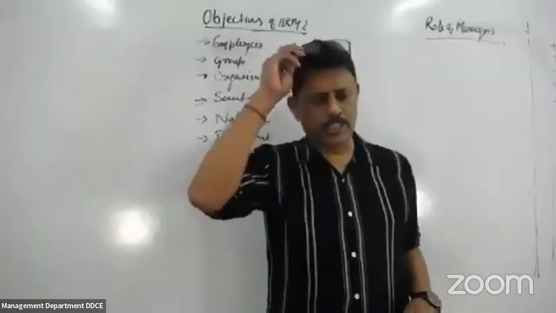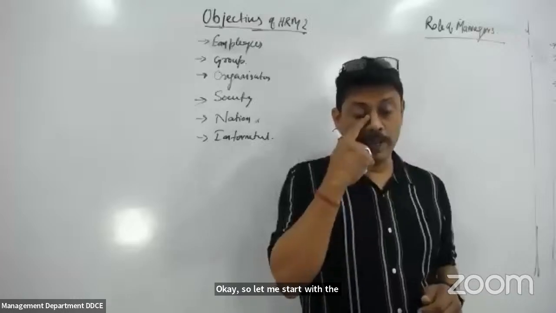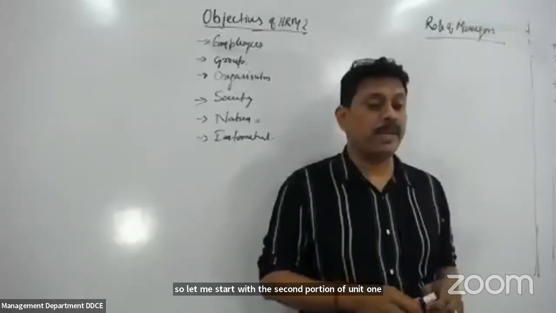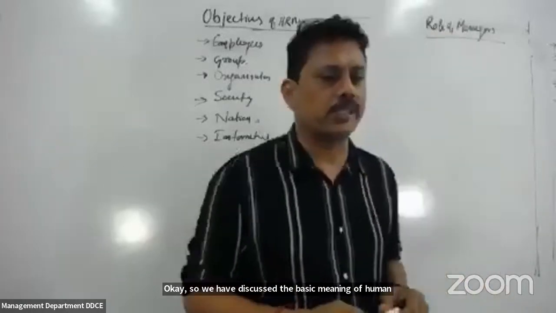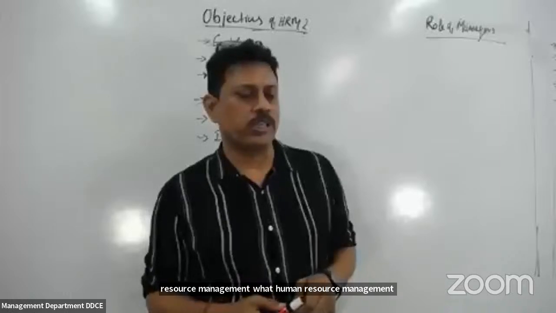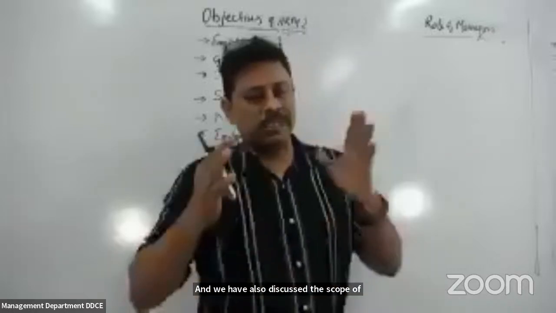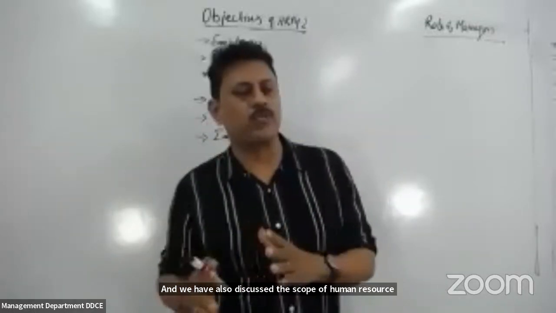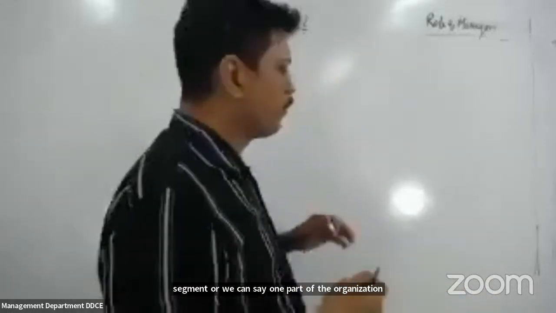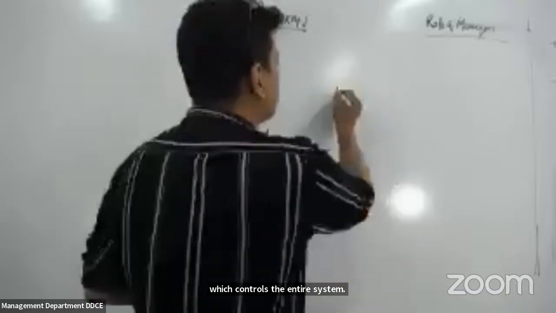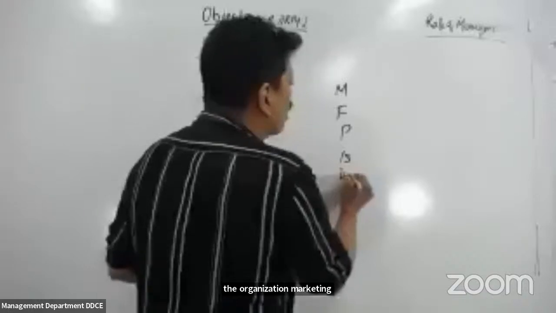Okay, so let me start with the second portion of Unit 1. We have discussed the basic meaning of human resource management, what human resource management is, and we have also discussed its scope. Human resource management is one part of the organization which controls the entire system. Different departments are there in the organization: marketing, finance, production, ISM, HR.